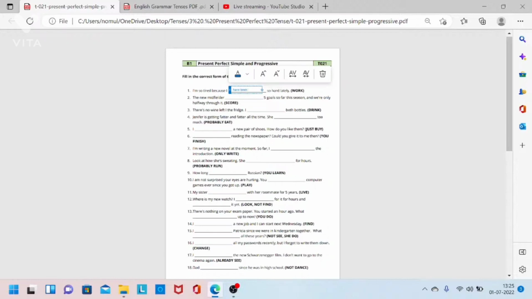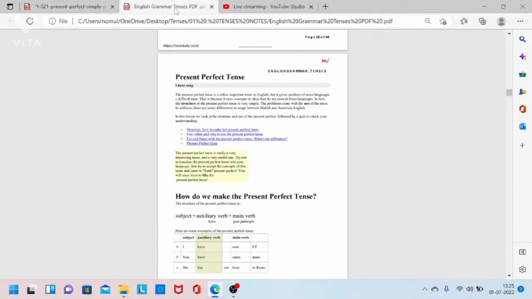The main verb is the ing formation, right? So hard lately, so what is the verb, work? Working. I hope this is correct. I am so tired because I have been working. Work has become working.